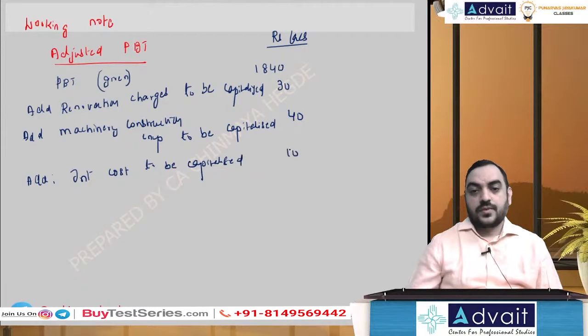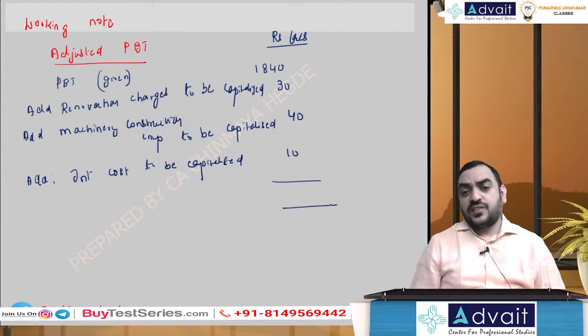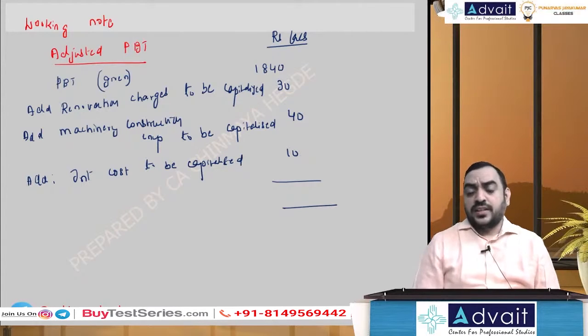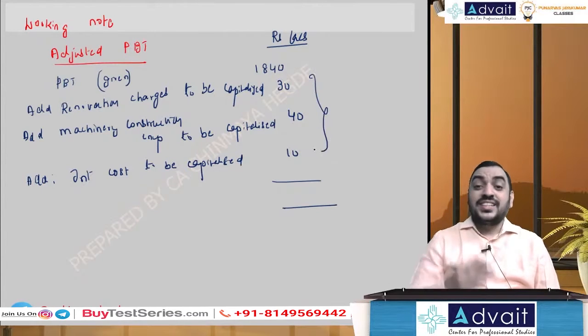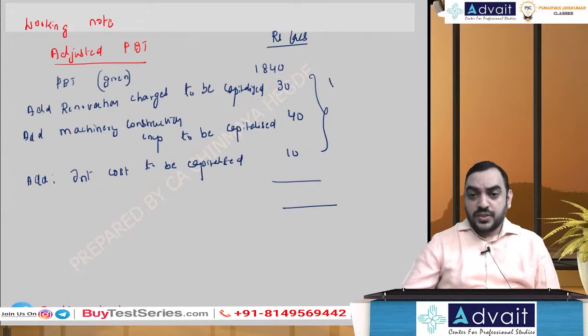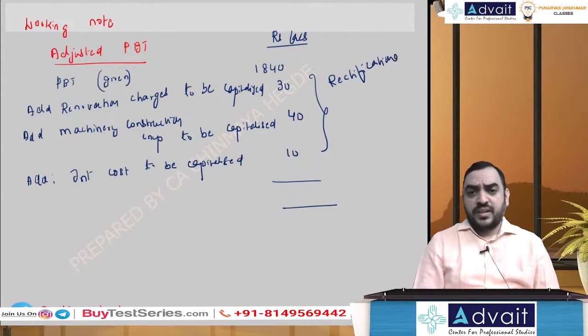Okay, so what you get here, my dear friends, 1840 plus 30, 40, 10. These are not going to be part of the regular problem because these are errors. These are mistakes which are rectified. So these are rectifications. Therefore, this will not be part of the cash flow statement regular format. This is going to be a working note.